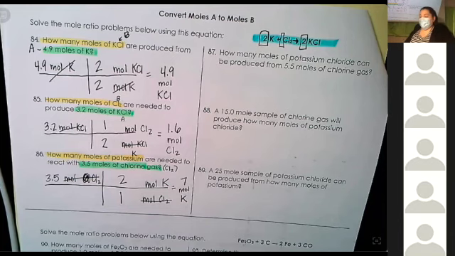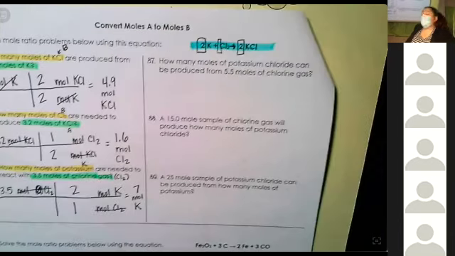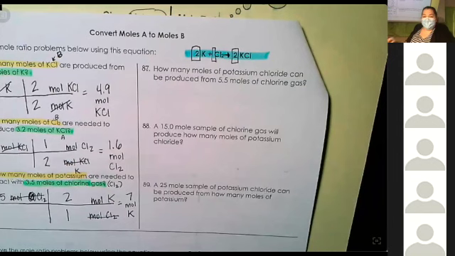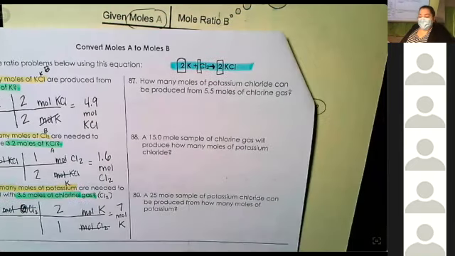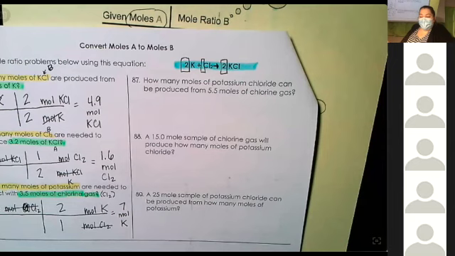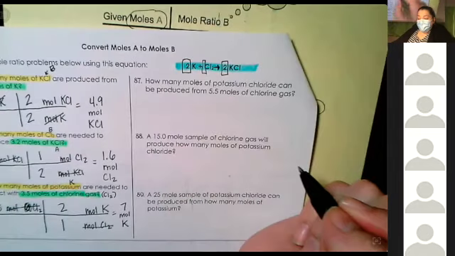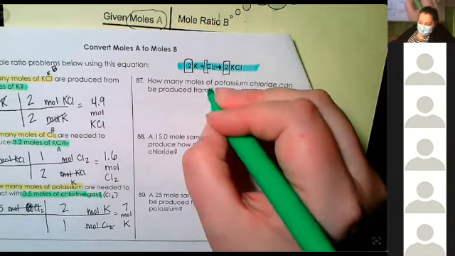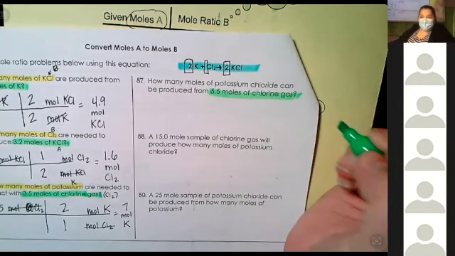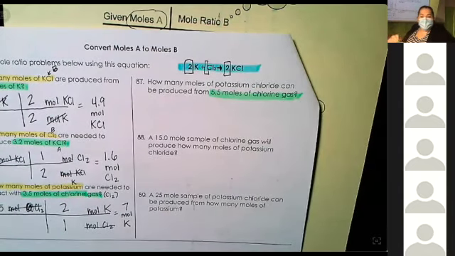Isis, what you're going to want to do with these is always start with what you're given. So in this one right here, you're given the 5.5 moles of chlorine gas. That's what we're given because that's what the problem gave us.